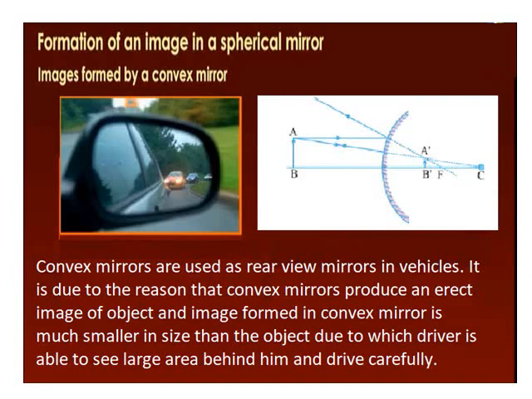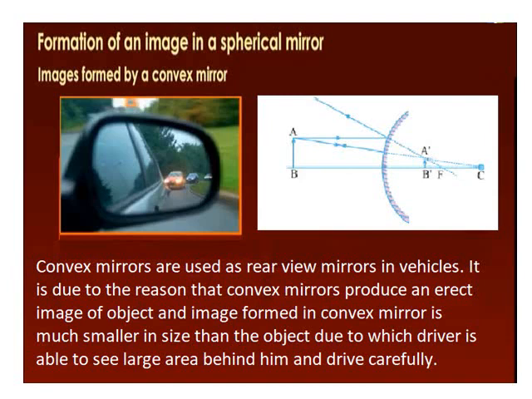Now first let us take up the rear view mirror of the cars. We find rear view mirrors wherever we have a vehicle. For example, motorbikes or scooters or cars are fitted with a mirror which is called a rear view mirror.